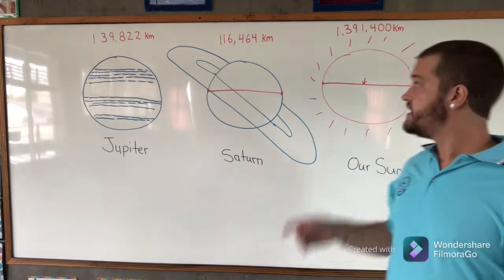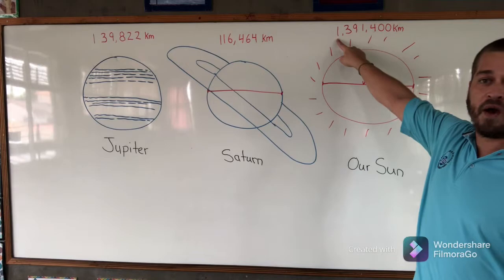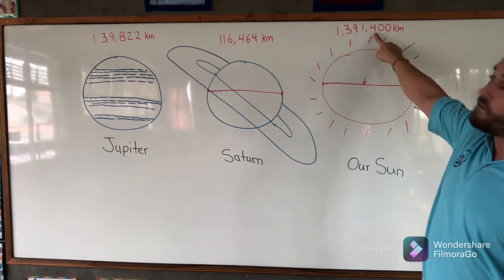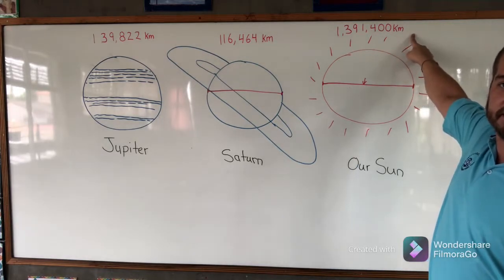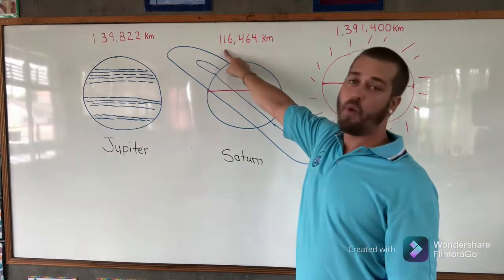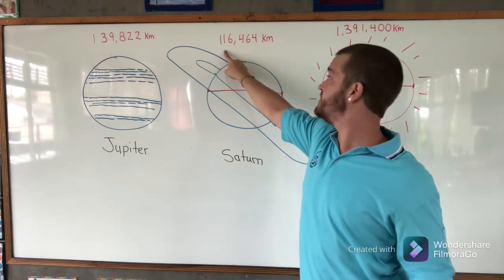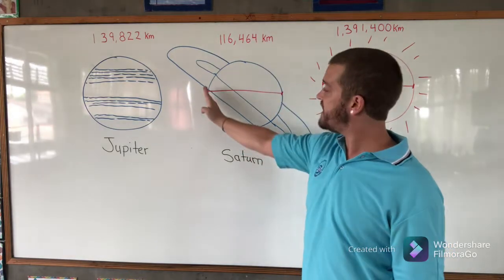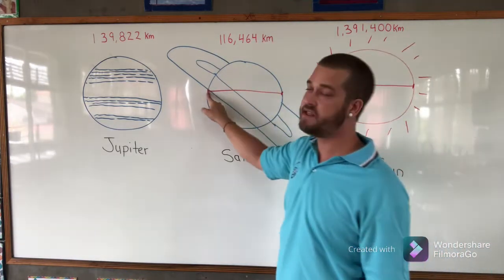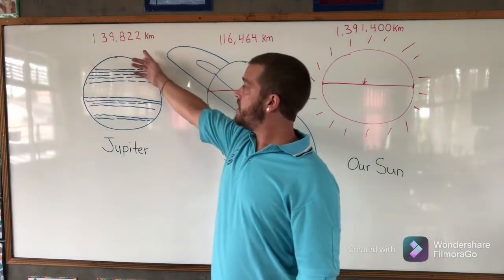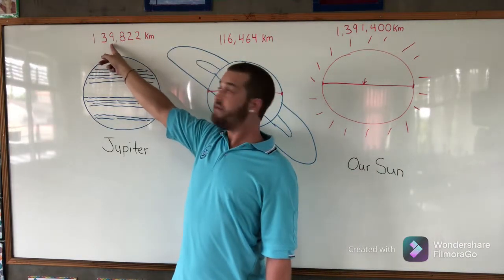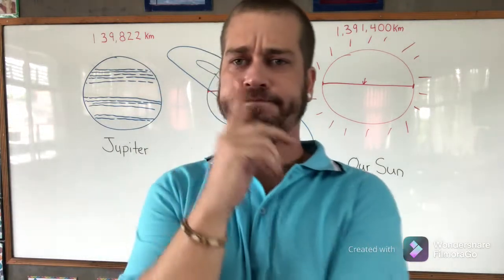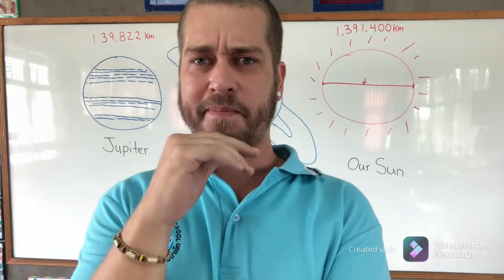So the book says that our sun is 1,391,400 kilometers. Saturn is 116,464 kilometers. And that's in diameter, remember, from this side to this side. Jupiter is 139,822 kilometers wide. So which one is the biggest?